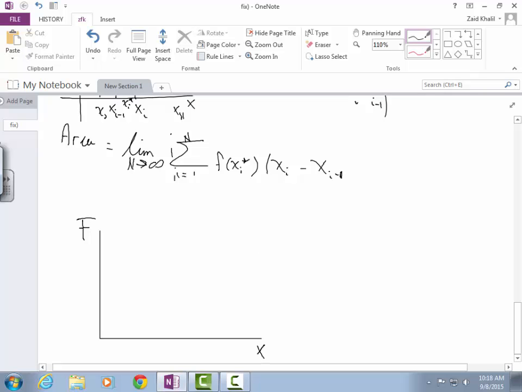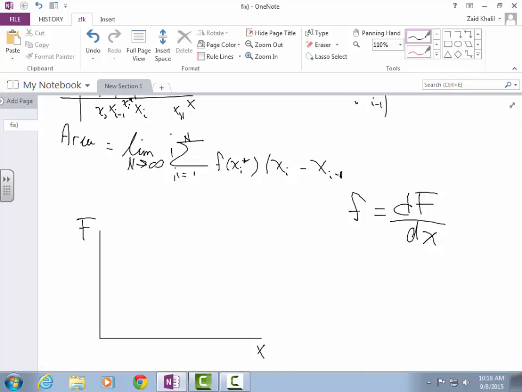Notice this is capital F, and little f is equal to dF/dx. In other words, it's given that this function big F has a derivative of little f.